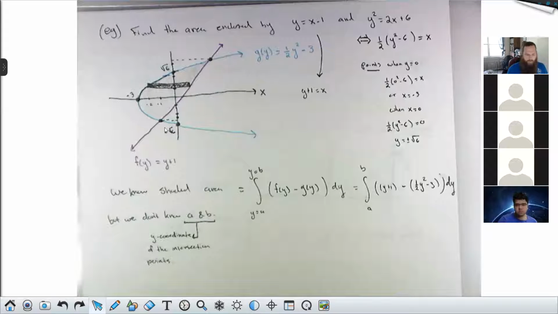How do we find the points where two curves meet? How does one do that? Set the equations equal to each other. Very good. And we know we're looking for y values, so we just set this equal to this and solve for y.